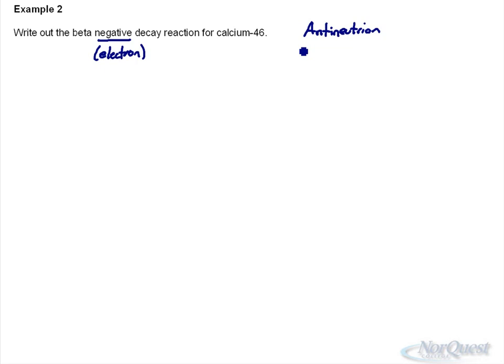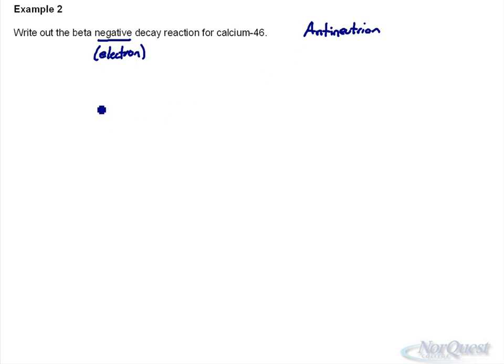It's there to balance that energy. It's there to balance the momentum in this equation. You will balance the total nucleons and you will balance the charge without the neutrino or antineutrino. You just stick this on at the end, and all beta decays have this.